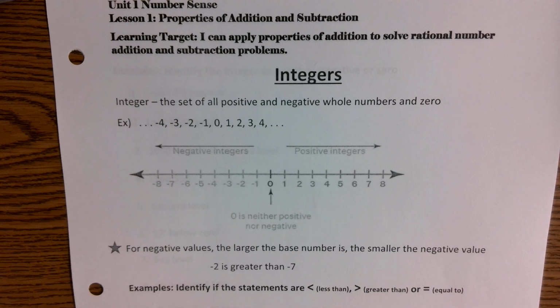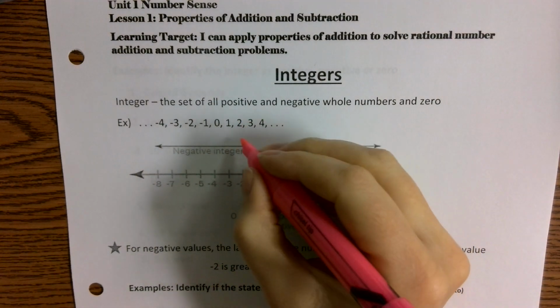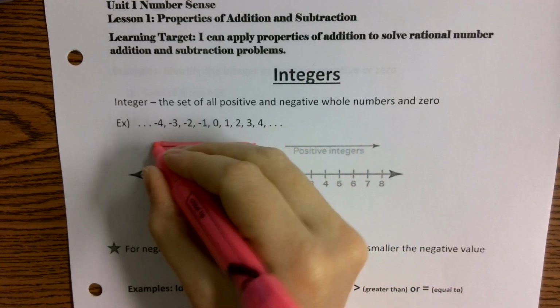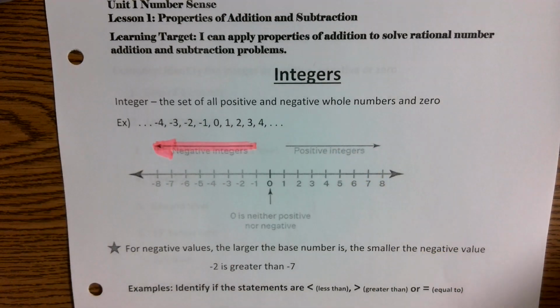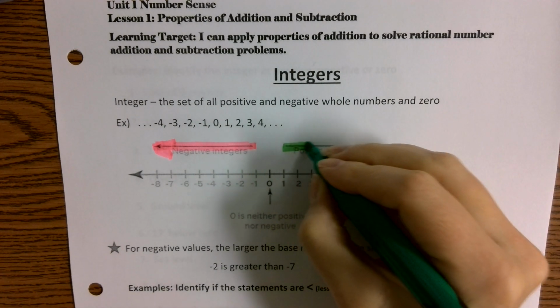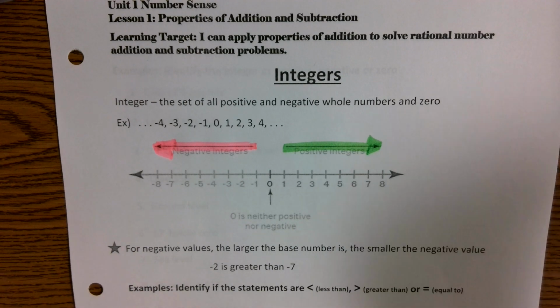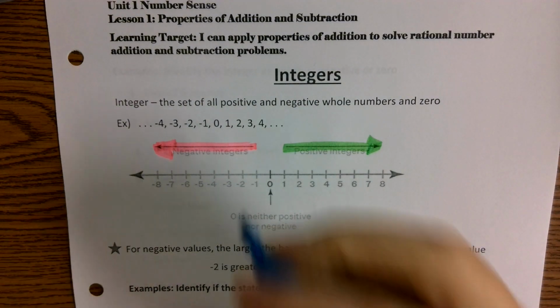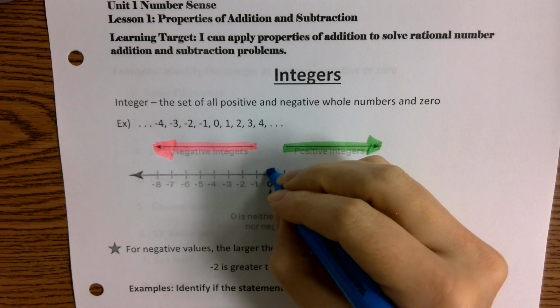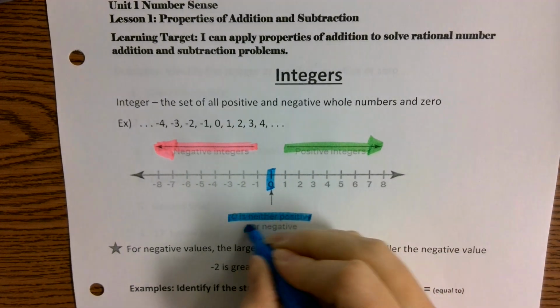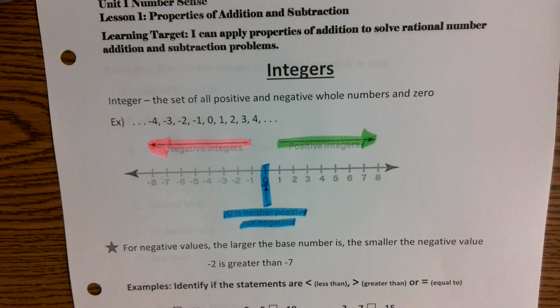Now, our negative values, when locating it on a number line, are always going to be to the left of our 0, and our positive values are always going to be located to the right of 0. And again, like I said before, 0 is our neutral zone. It is neither positive or negative. It is its own little value. It is neither positive nor is it negative.